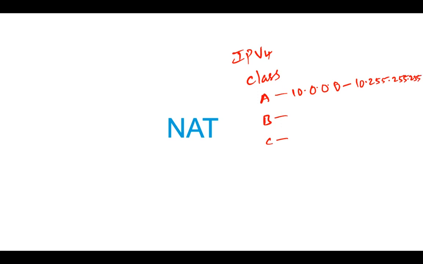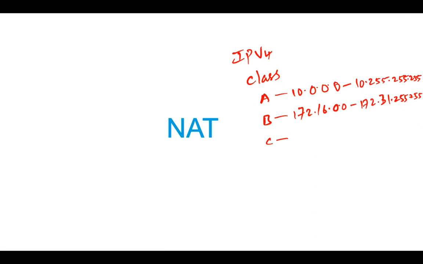Similarly for class B, it is 172 dot 16 dot 0 dot 0 and ends with 172 dot 31, the broadcast address being 255 dot 255. Similarly for class C, it takes the first 2 bytes completely.